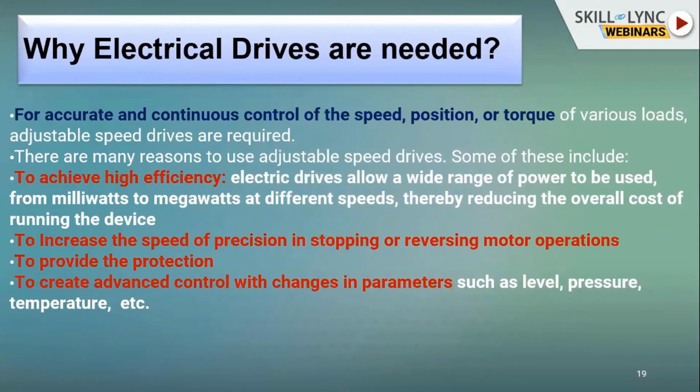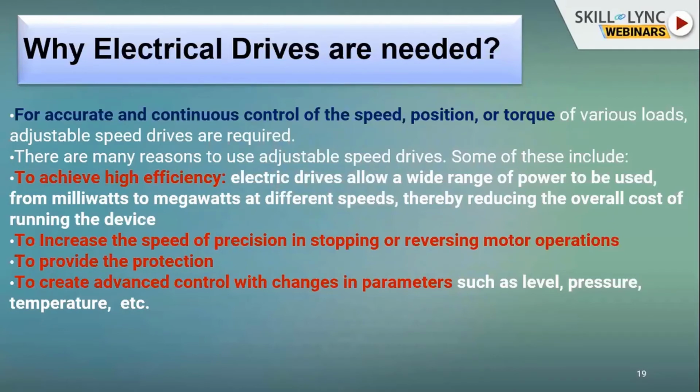Okay, also if you want precision control: in the conventional electric drives which we have discussed, for controlling one DC motor it is not possible to generate a proper DC supply with the help of that DC generator. So there is not that flexibility, and the precise output is also not possible.